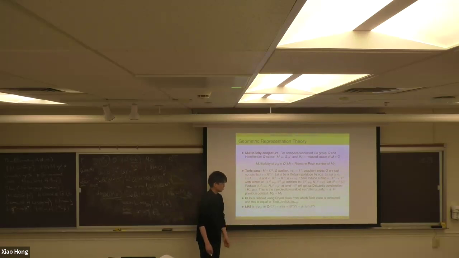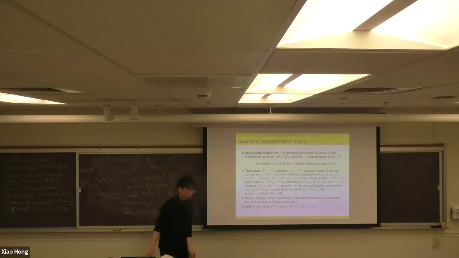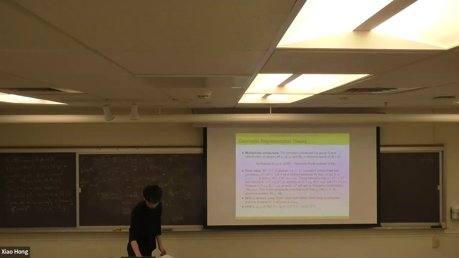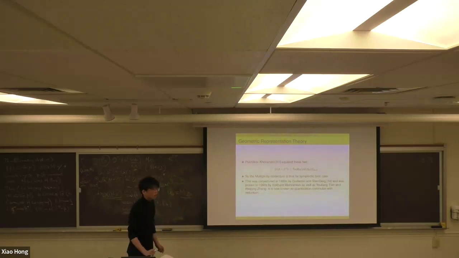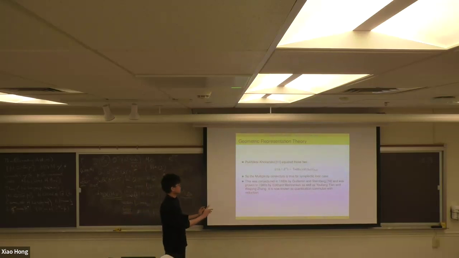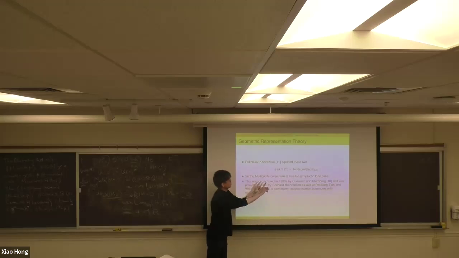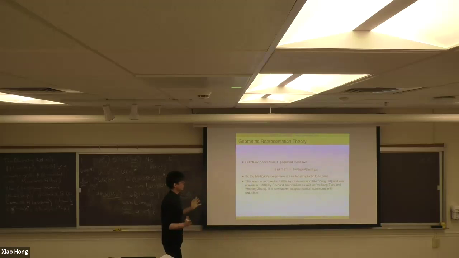Counting this is the number of integer points in that Delzant polytope. I'm sorry, I'm 10 minutes over. I need to really finish. And then the two are shown to be equal to each other. And so the multiplicity conjecture is true for the symplectic toric case.